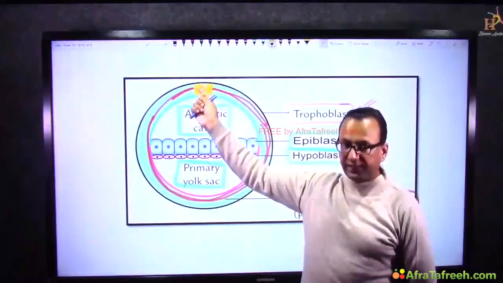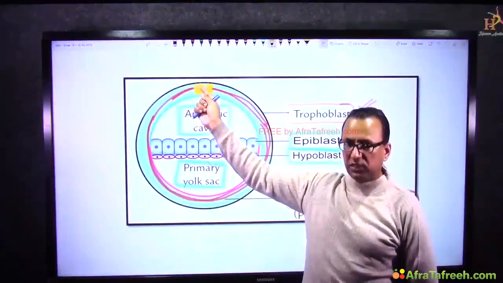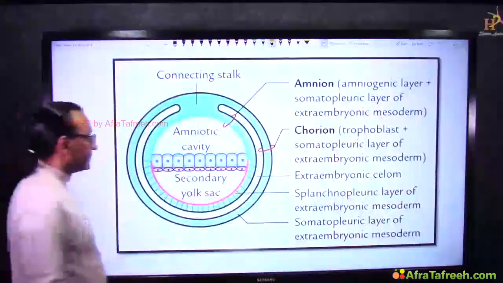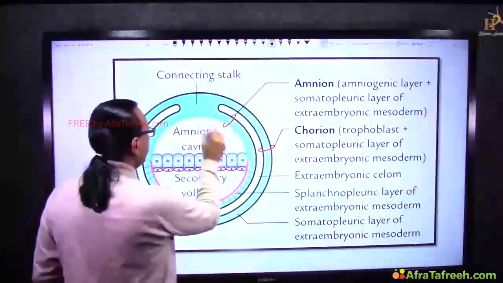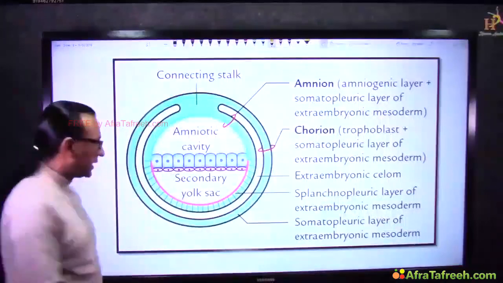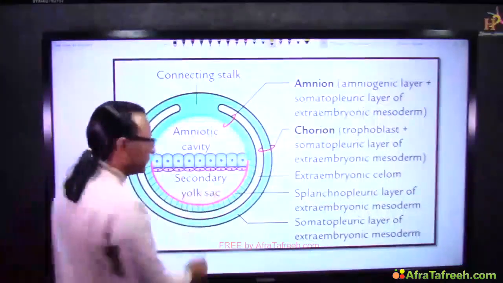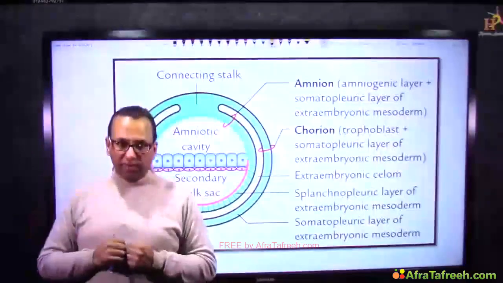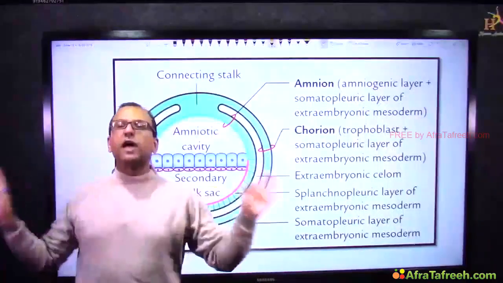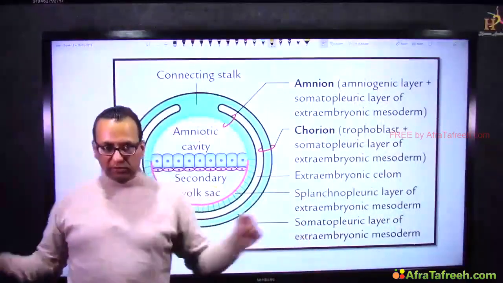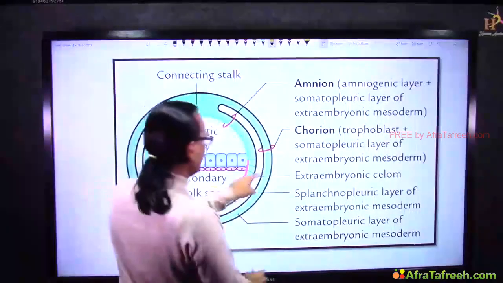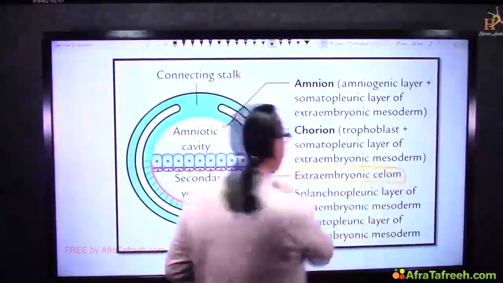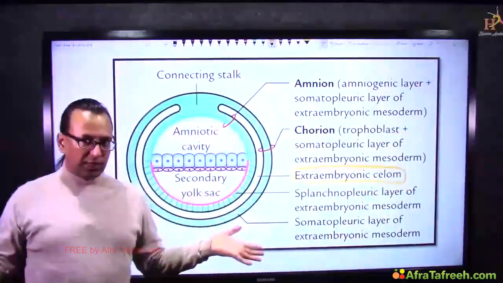So some connecting stalk will form, or primary umbilical cord will form. Yes. Can we see some diagram for that? Yeah, the next diagram comes like that only. So notice there is one amniotic cavity within the embryo, there's a yolk sac cavity within the embryo, and there's a coelomic cavity within the embryo. But then there is one extra coelomic cavity also, and that extraembryonic coelom is developing outside the embryo.